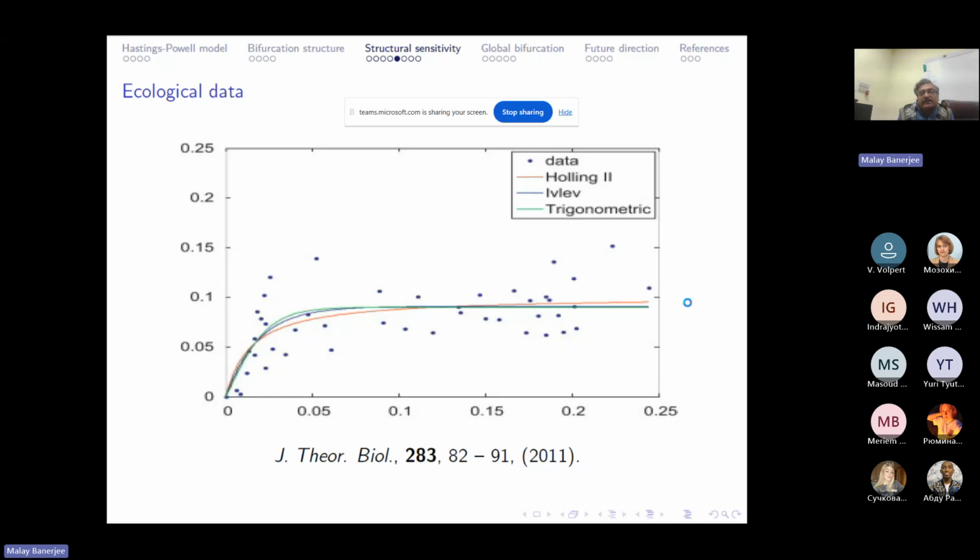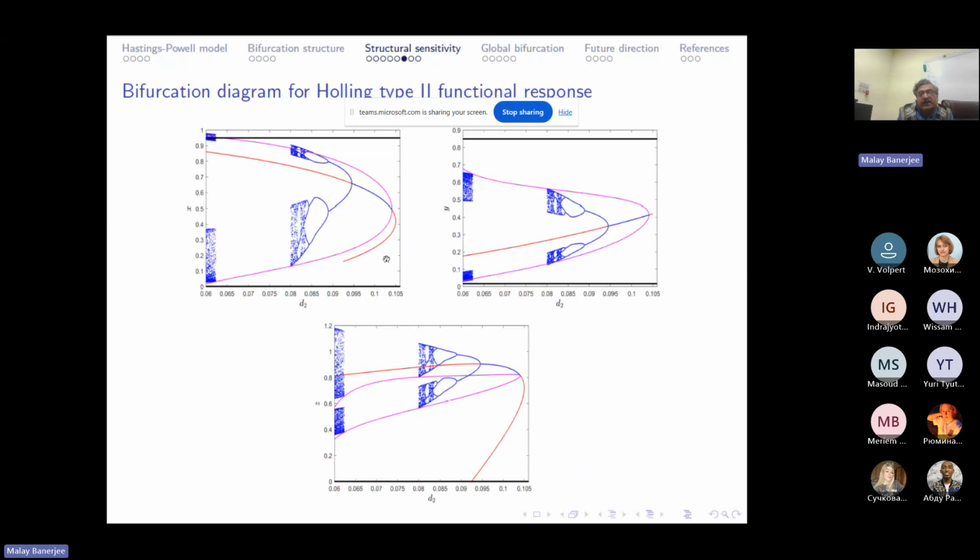Now, if we look at the bifurcation structure, these three figures correspond to the bifurcation structure for three different components. This one corresponds to the X component, this one to the Y component, and this one to the Z component.